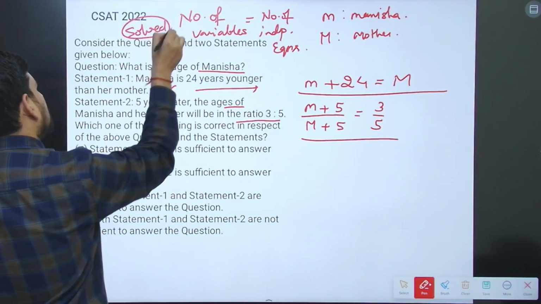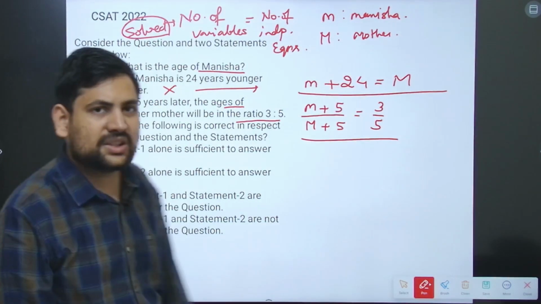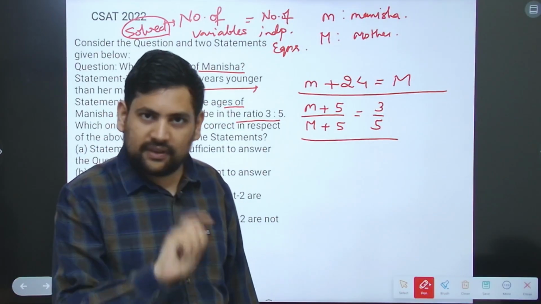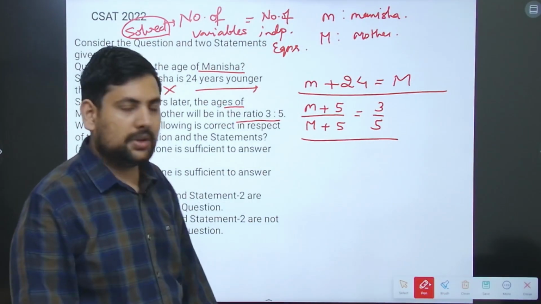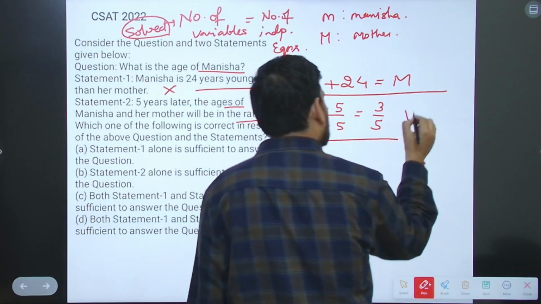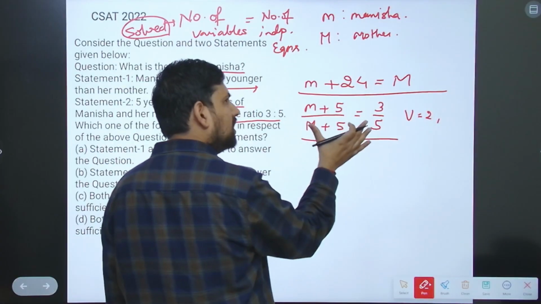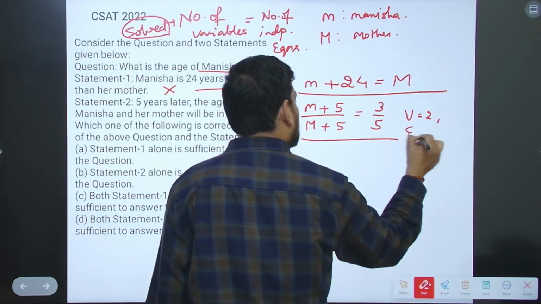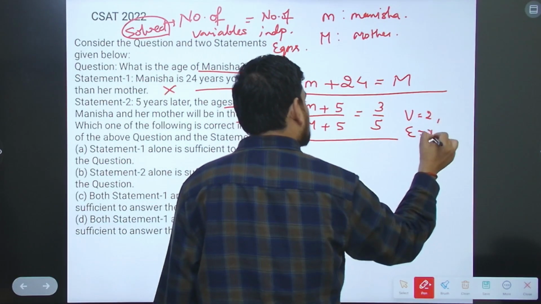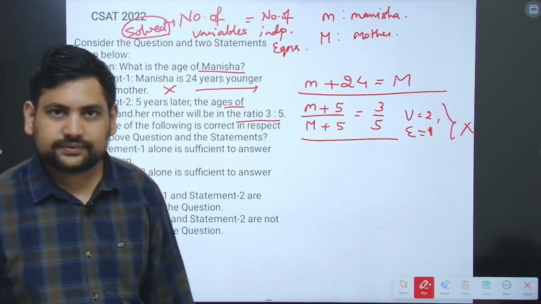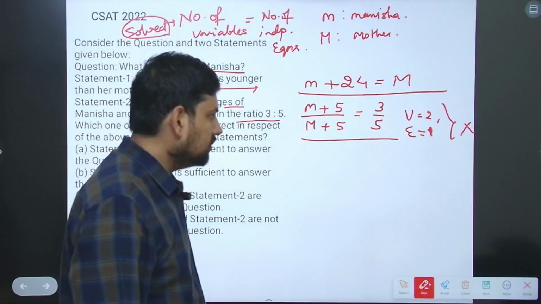If that is not the case, you cannot solve them. Now, how many variables do we have here? You have two variables. How many equations do you have here? Only one. So that means this alone won't work. So 2 alone won't work.